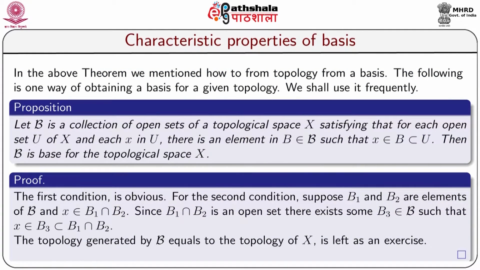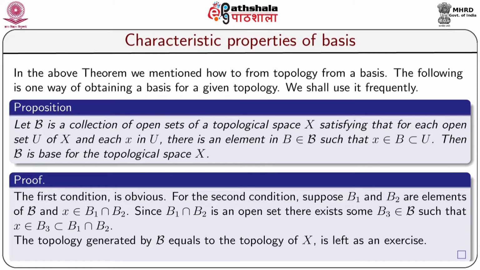Let us come to some characteristic properties of a basis. In the above theorem, we mentioned how to form a topology from a basis. The following is one way of obtaining a basis from a given topology. We shall use it frequently. Proposition.